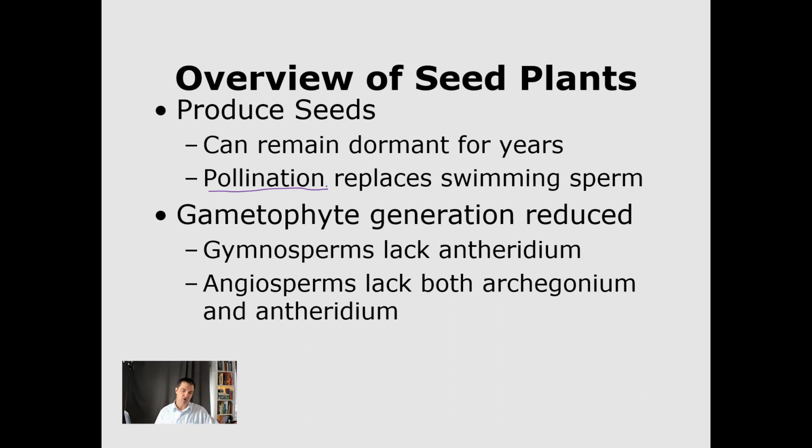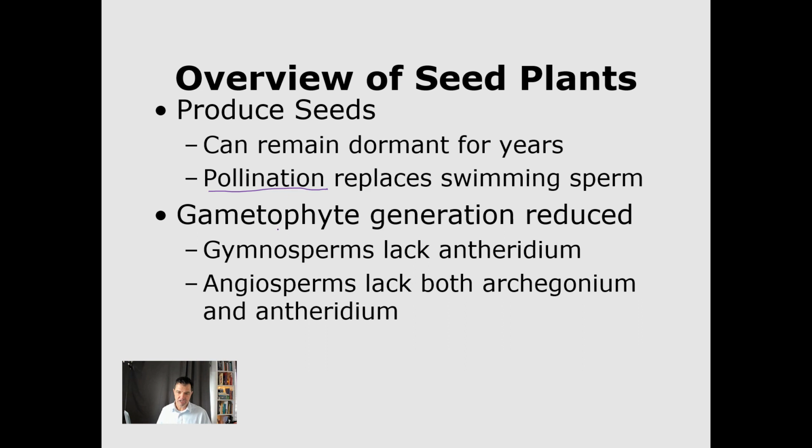So as we move along this story in evolution, we're going to start seeing a transition from pollination by swimming sperm or water splashing to things driven by not just wind, but also insects. We'll see a co-evolution of insects along with the flowering plants.